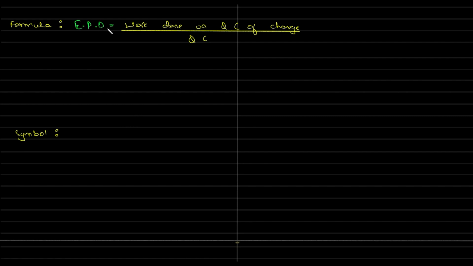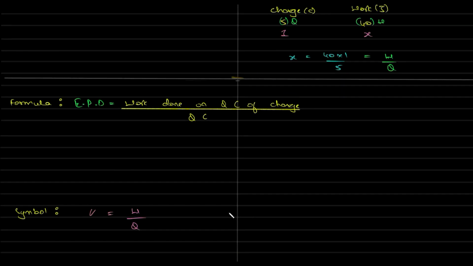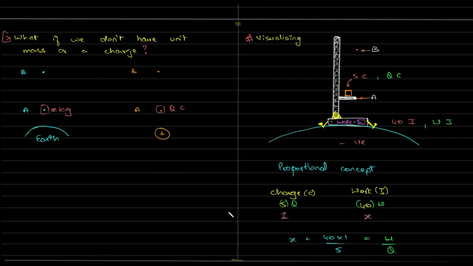That's your electrical potential difference formula. Symbolically, we represent it with a slanted V being equal to W representing work, and Q representing the charge, q coulomb of charge. Okay, so this is your formula. So I guess you guys can write this down. It will help you understand the concept and remember the formula as well.